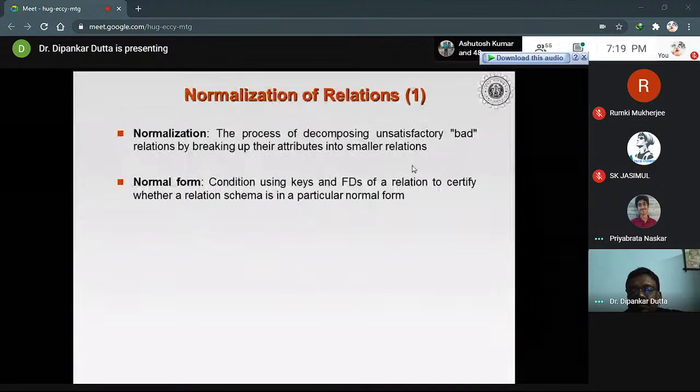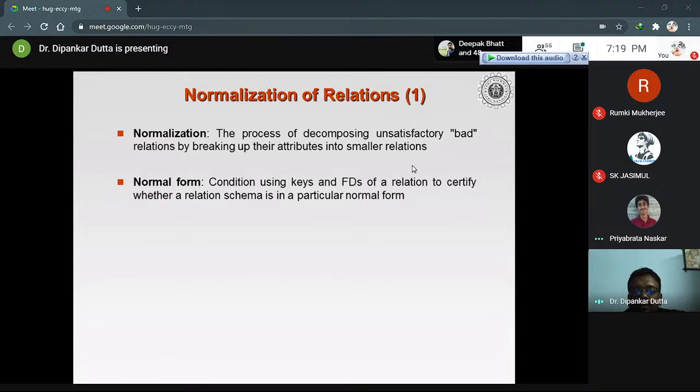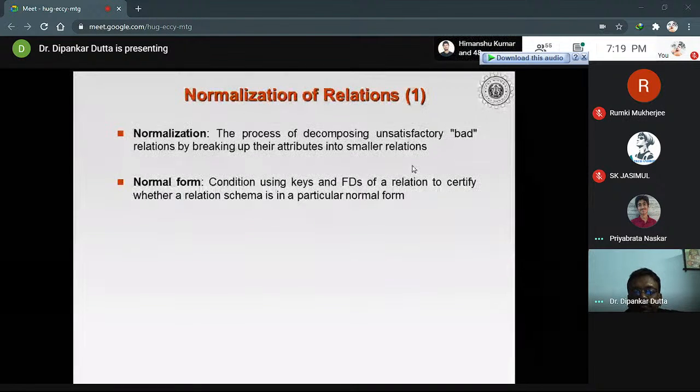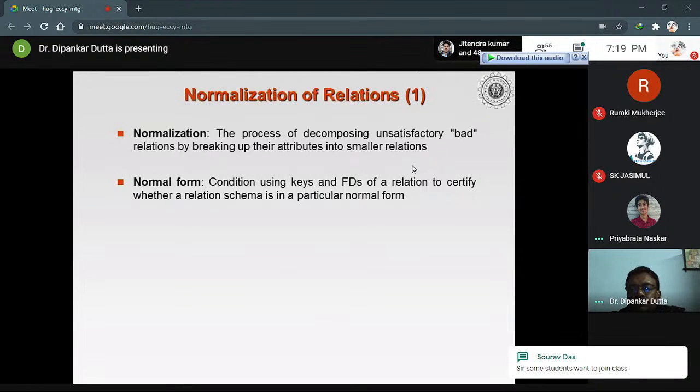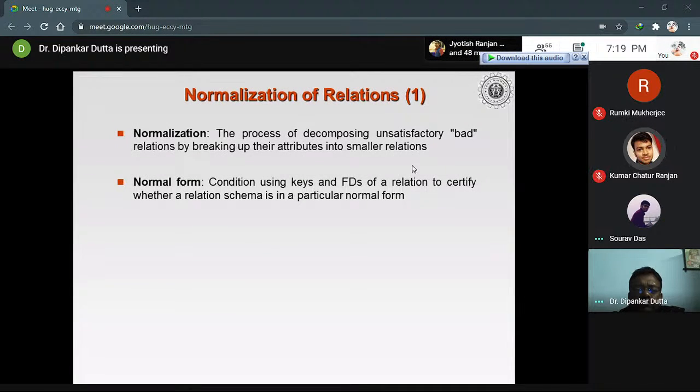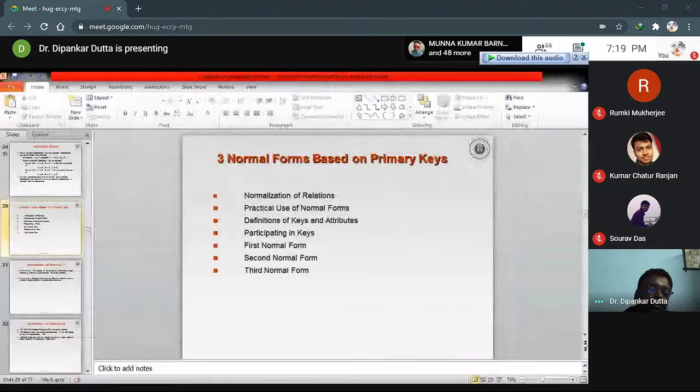Suppose the initial table has 10 attributes; we can divide it into 2 tables, one with 6 attributes and another with 4 attributes.